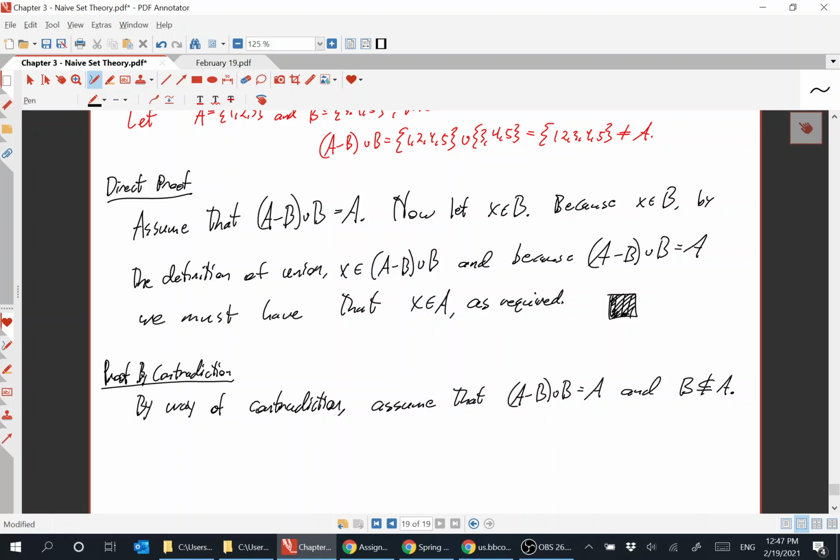If you're doing a proof by contradiction, you must say so. If you're doing a direct proof, you must say so. You must tip off your reader.